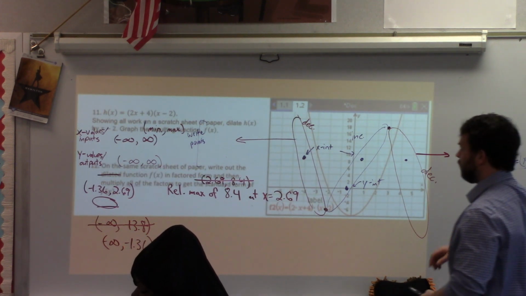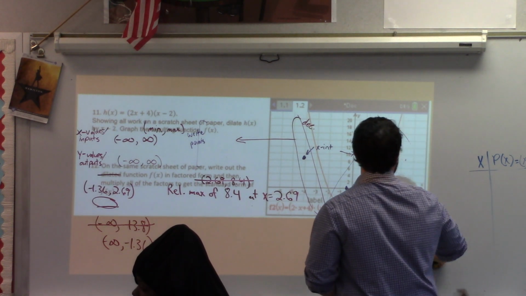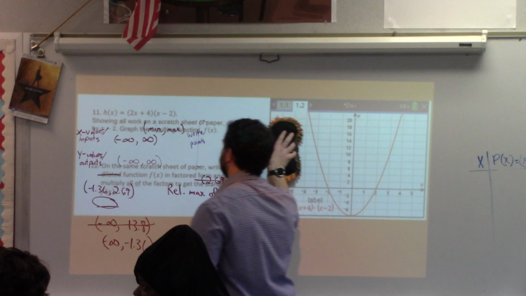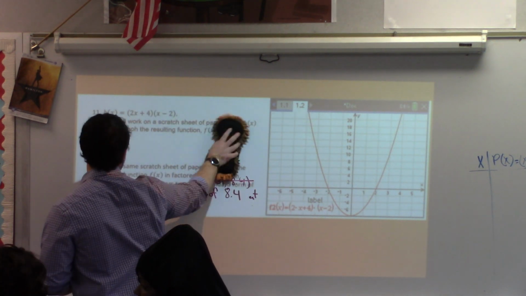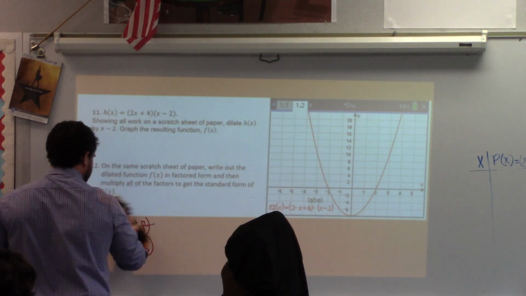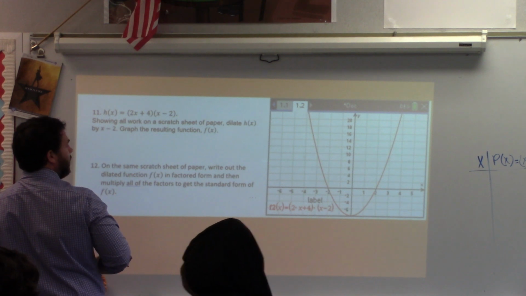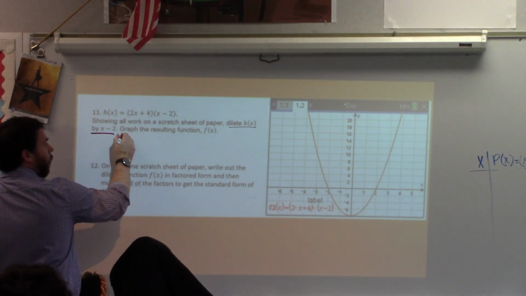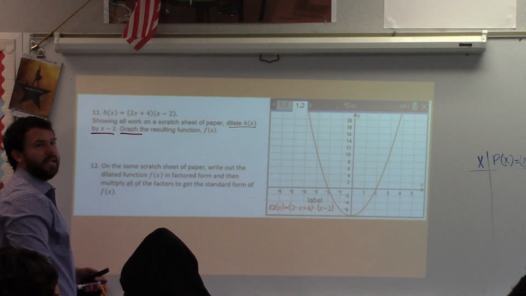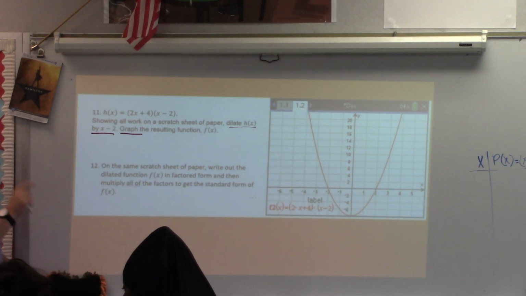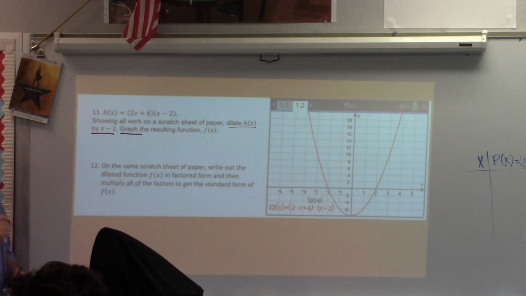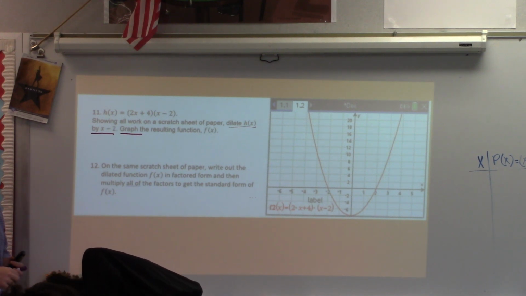Now, numbers 11 and 12. Couple of really important details you should pay attention to here. And you should all make this note. Right here, you see where it says dilate h of x by x minus 2 in order to graph? Anytime I'm asking you to graph the dilation, I'm asking you to graph it accurately, which means you need to make a what?